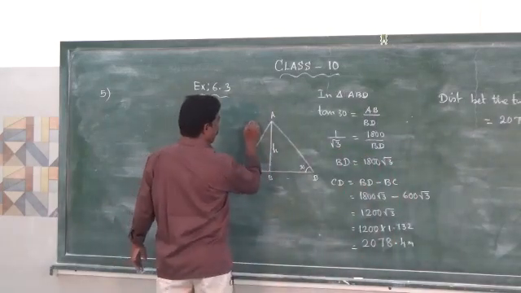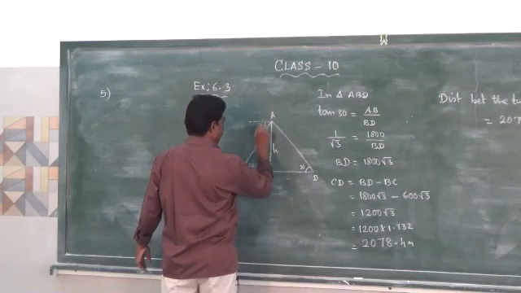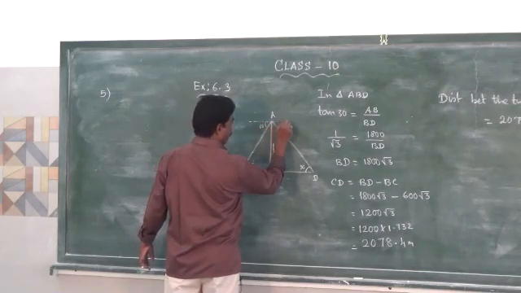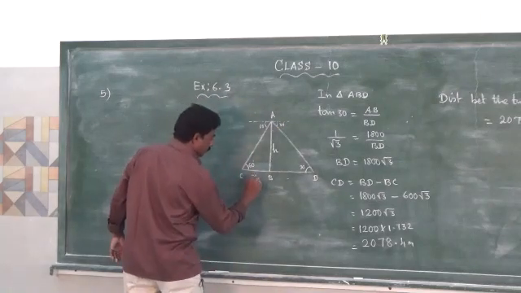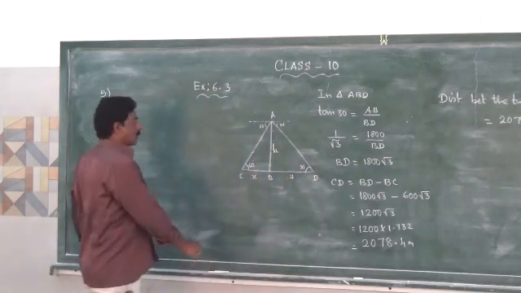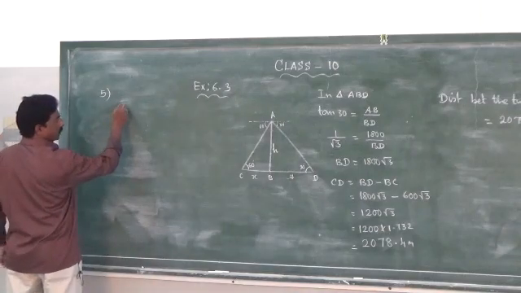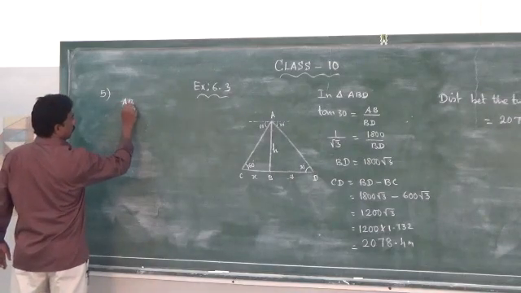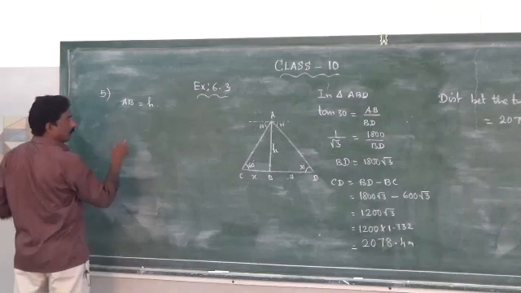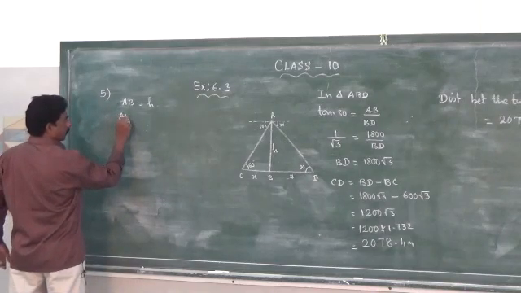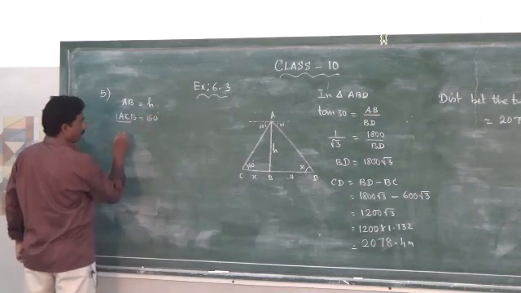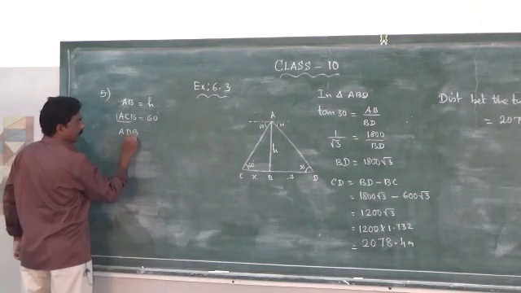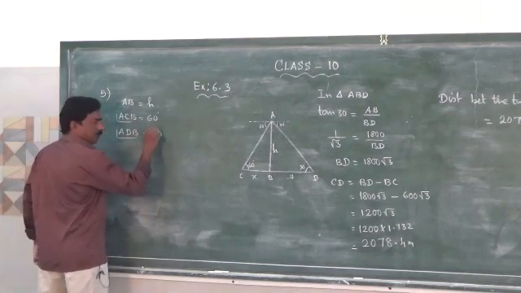So suppose this is the distance. We know what is given: the lighthouse AB is h meters, and the angle of depression of ADB is 30 degrees.